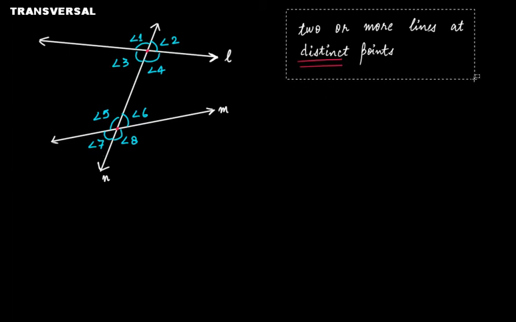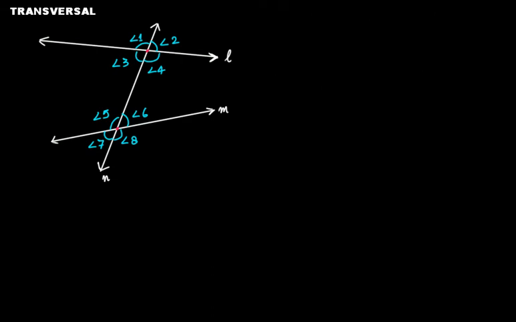Now, let's talk about some important points related to transversals. Let's start with angles made by transversal. That's really very important. The first point is interior angles. Interior angles in this figure, where the transversal line is intersecting line L and line M, are angle 3, angle 4, angle 5, and angle 6.